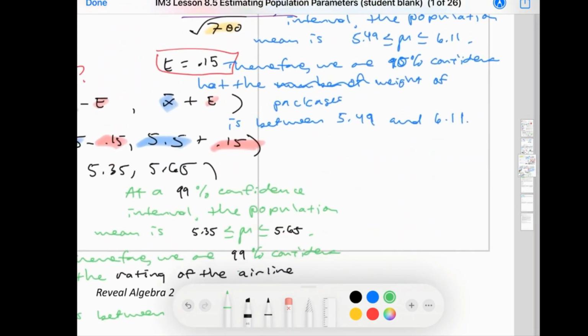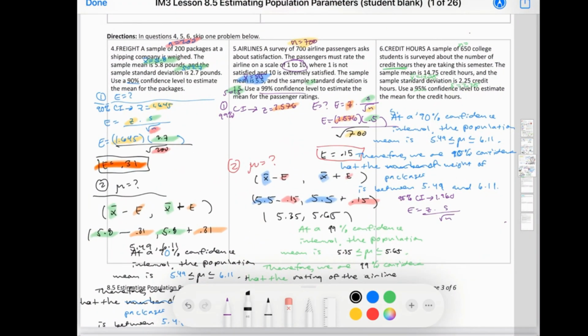95% confidence interval, so let's go ahead and do our work here. A 95% confidence interval gives me a z-score of 1.960. And then E equals Z times S over square root of N. So the Z is 1.960.